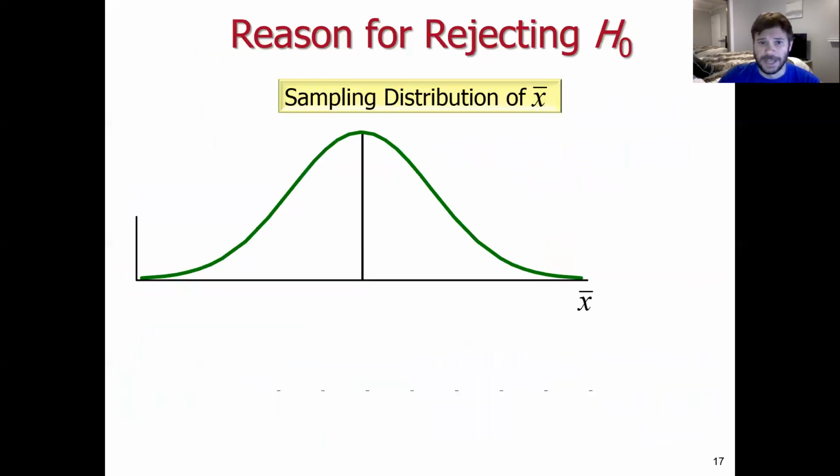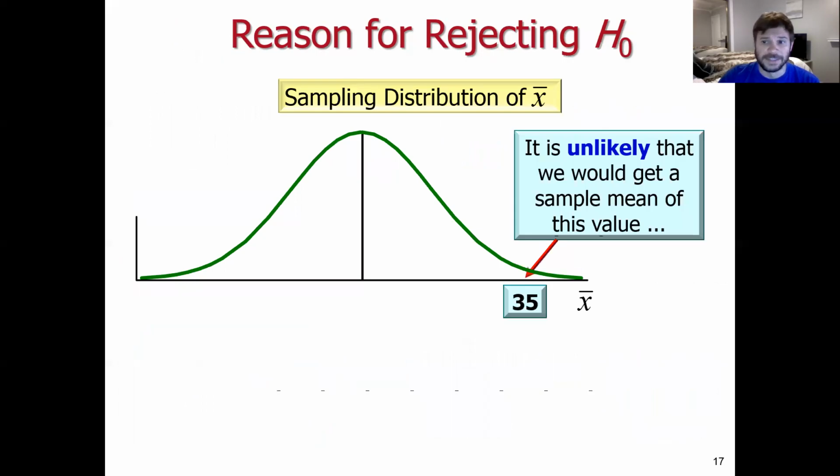So the idea we looked at, again, diagrammatically, is the following. We saw a sample mean out here at 35 years of age, and we're assuming that the true population mean was 15 under the null hypothesis.